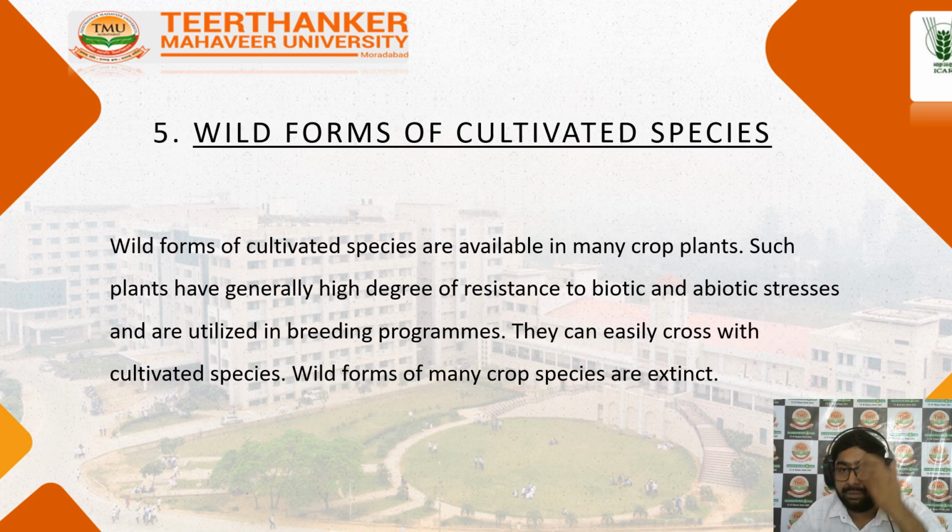Next is wild forms of cultivated species. They are available in many crop plants. Such plants generally have a high degree of resistance to biotic and abiotic stress, and are unutilized. They can easily cross with the cultivated species, which are wild forms of many crop species.